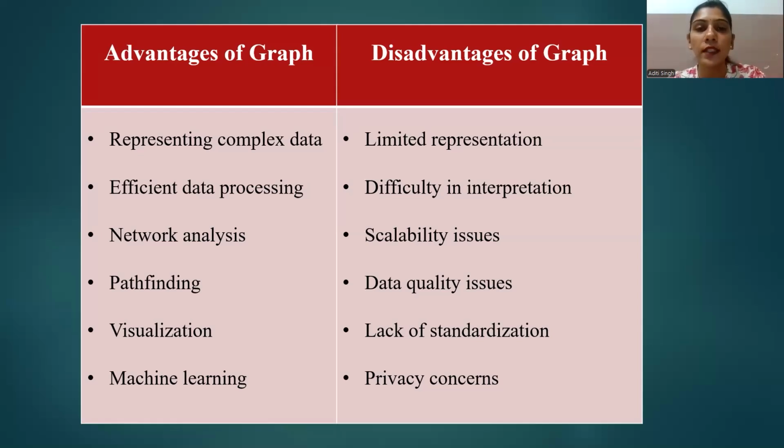Now let us discuss in detail the disadvantages of graph. There are some advantages of graph making, so there are some disadvantages also. First one is limited representation. This means that graphs can only represent relationships between the objects and not their properties or their attributes.